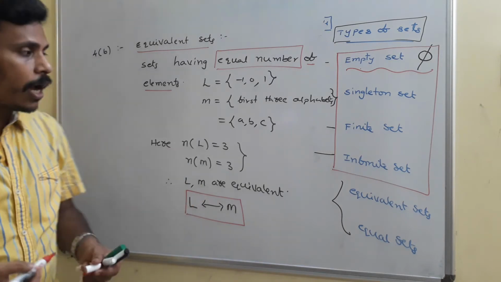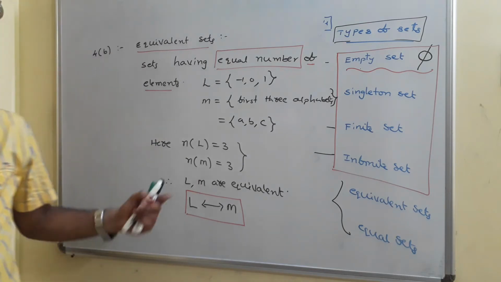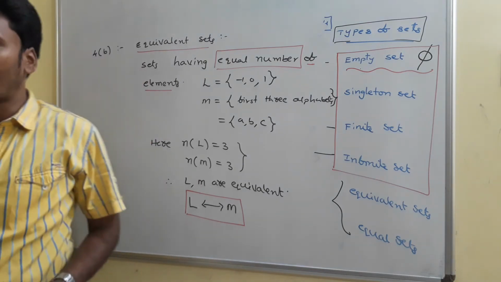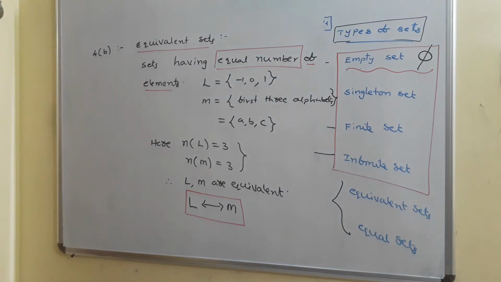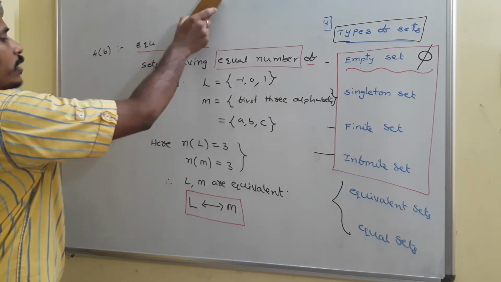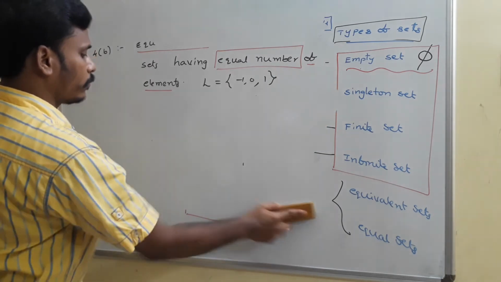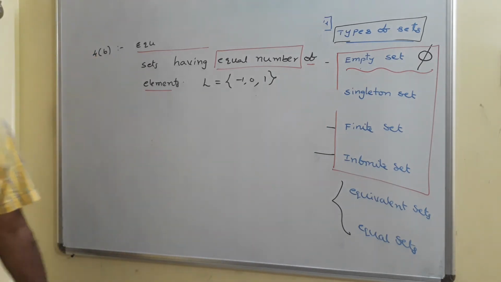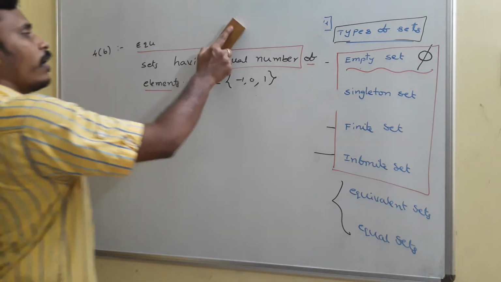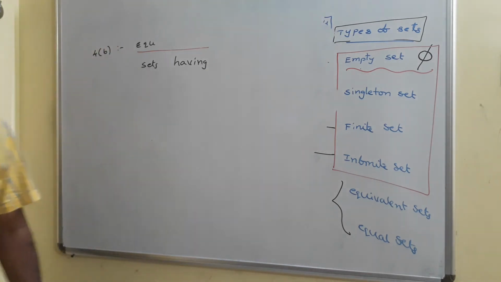Now the next thing in 4B is related to equal sets. You just take a screenshot of this definition, and then I will give you equal sets. There is a slight difference between equal sets and equivalent sets. You need to observe it first. Equal sets are nothing but sets having equal elements, whereas equivalent sets are sets having an equal number of elements.